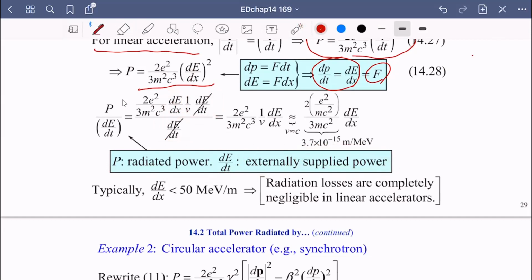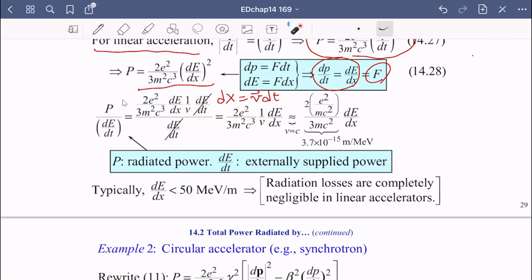Here, dx equals v dt. That's why we can change the notation. So we have 2e squared divided by 3m squared c squared, divided by v dE dx.